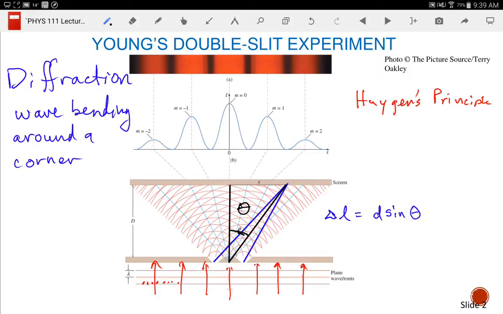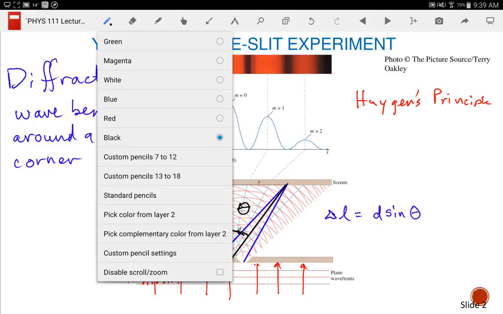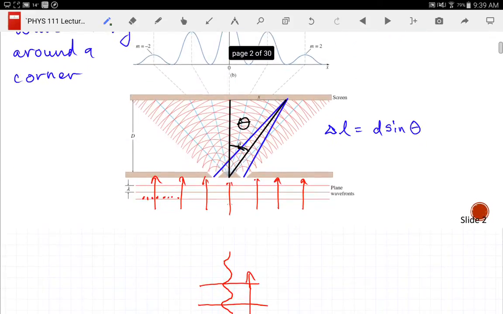Now we learned about constructive and destructive interference. How much should the path length vary if I'm going to have constructive interference? What condition gave us constructive interference? When they're in phase.